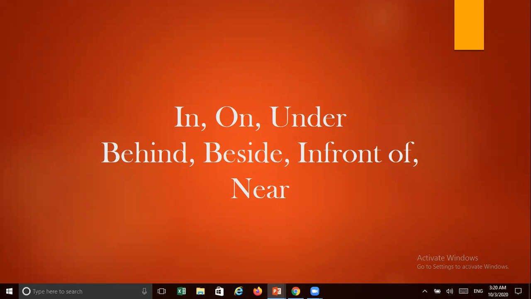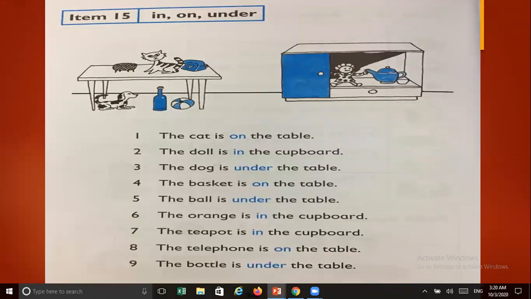In the next page, you will learn about the use of behind, beside, in front of, and near. Yes, this is your book page, page 34, item 15. You will learn about in, on, and under. In this page, you can see the picture.